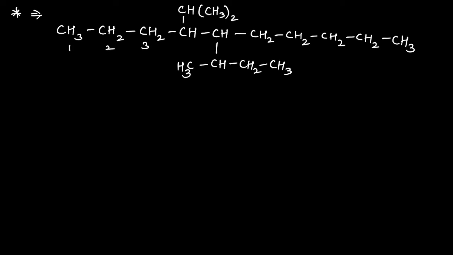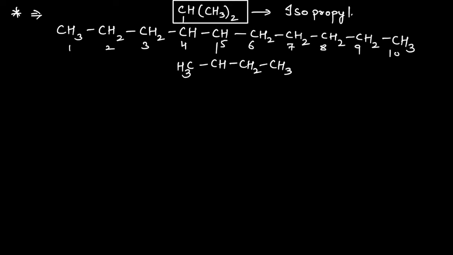Now the longest carbon chain is basically of 10 carbons. Suppose this is how I am numbering it. On the 4th carbon we have a complex substituent, that is basically isopropyl group, and on the 5th carbon we have secondary butyl group.